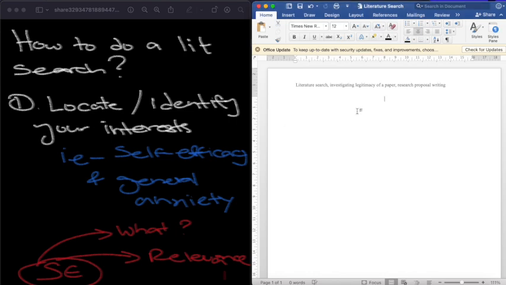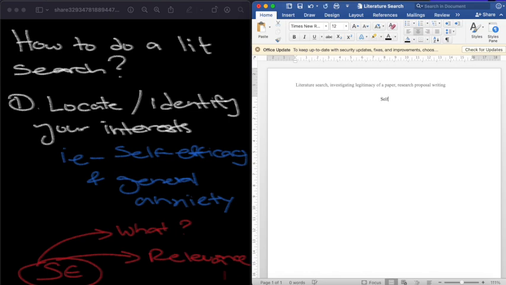Now, let's think of a sample research title. Of course, if you are my students at Sri Lanka Institute of Information Technology, you would know that we have some coursework to do. And let's hypothetically think of a topic here.